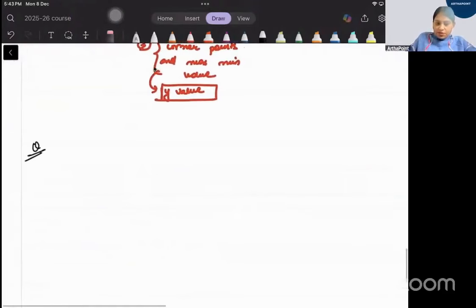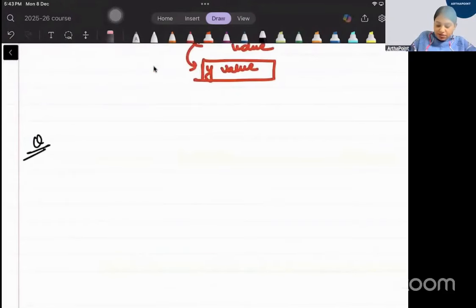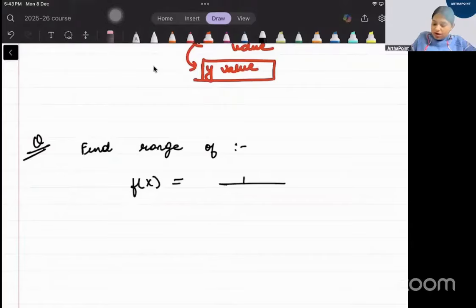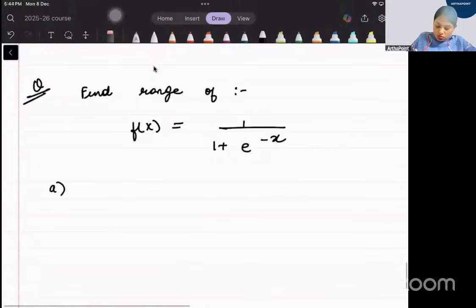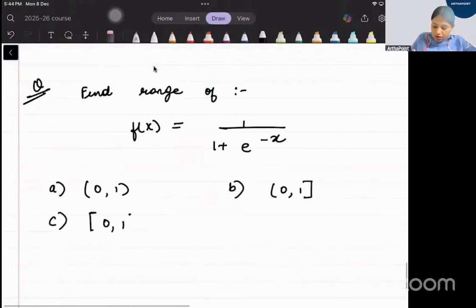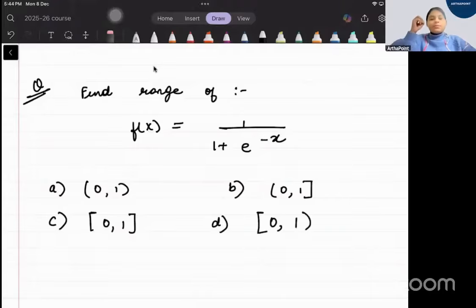Try this one. Find the range of f(x) is equal to 1 upon 1 plus e to the power minus x. Find the range of this.